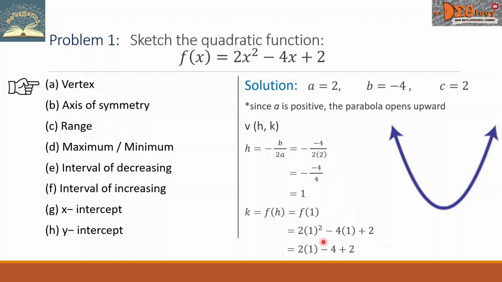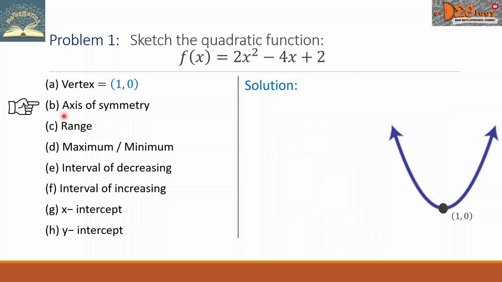The square of 1 is 1, minus 4 times 1 is 4, then plus 2. 2 times 1 is 2, minus 4, plus 2. Finally, k equals 0. That means the vertex has coordinates 1 for the h, 0 for the k.